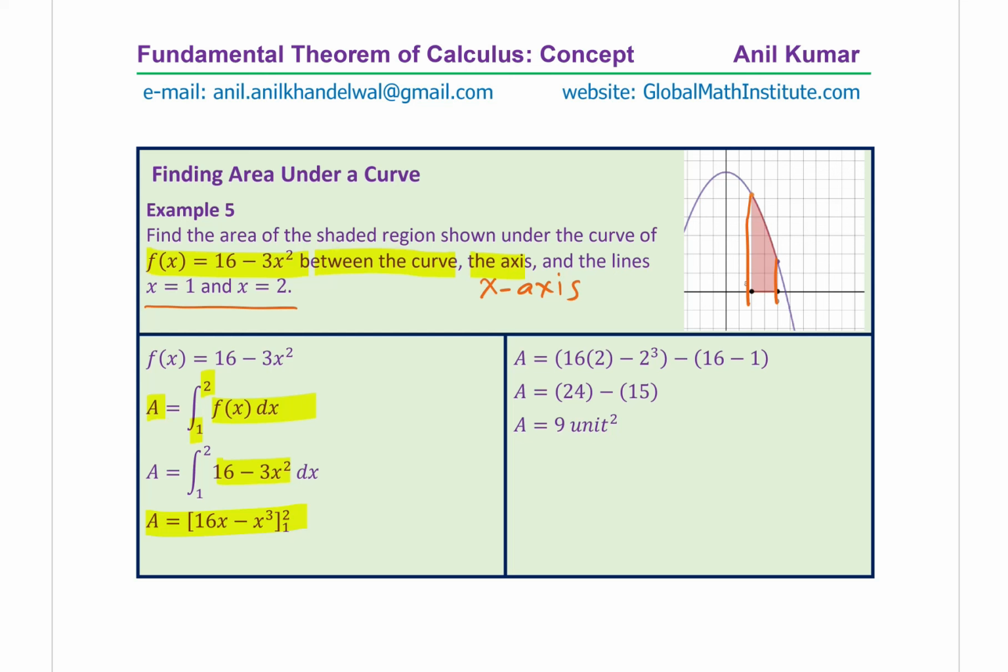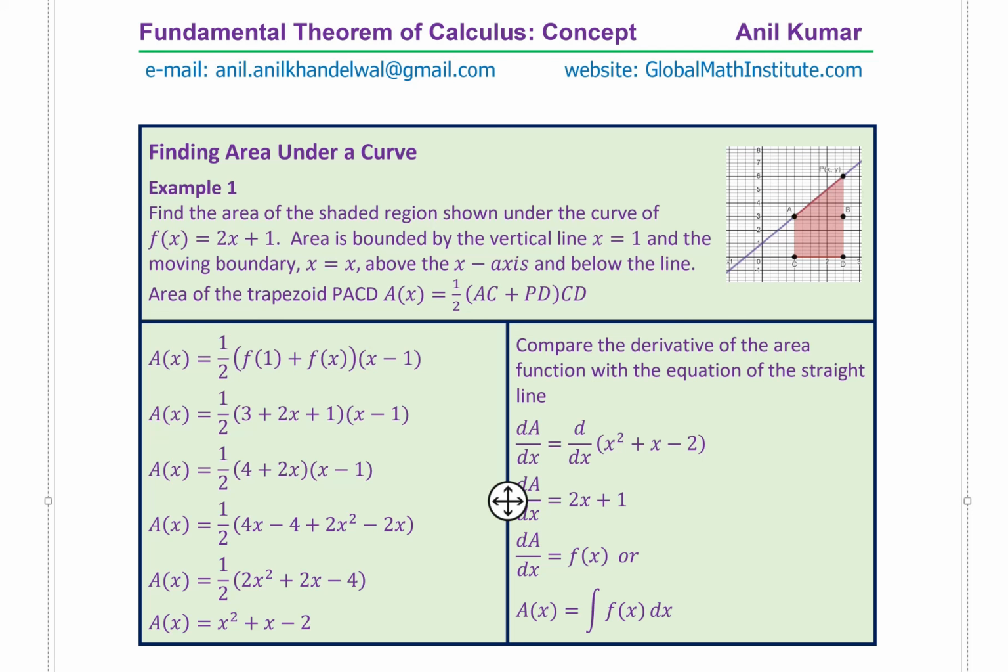So for the area value, substitute 2 and 1 and find the difference. Once you find the difference, you get the area as 9 units squared. And that is how we actually calculate the area under the curve. I hope the concepts are absolutely clear.